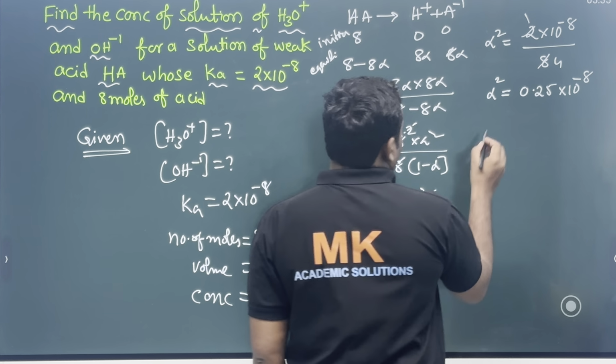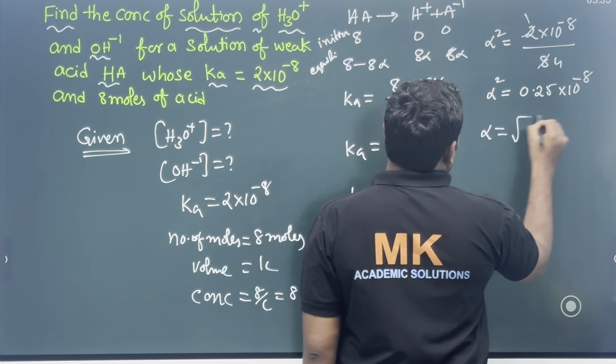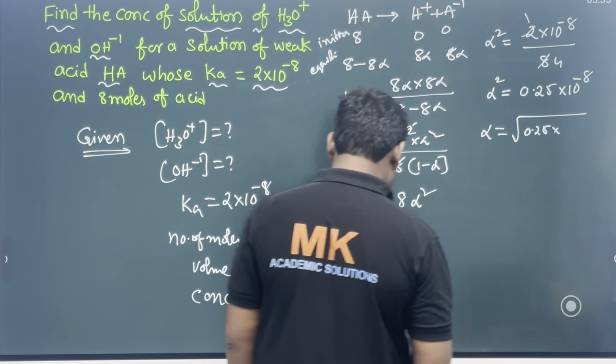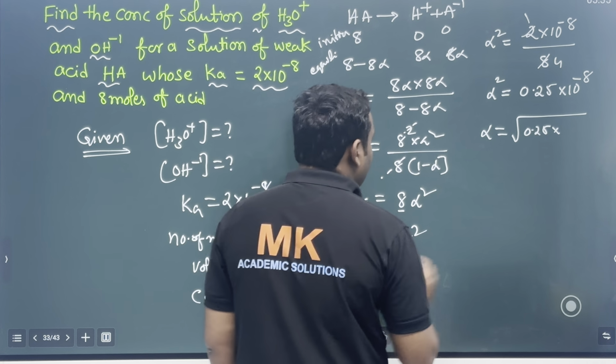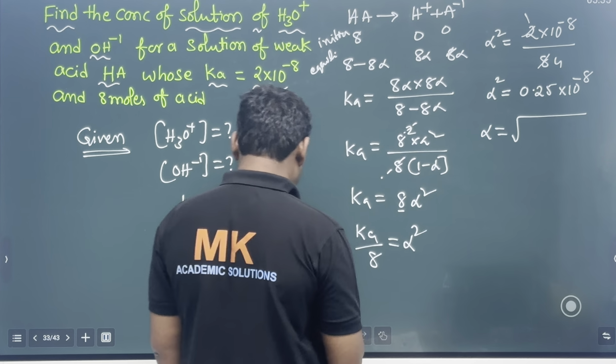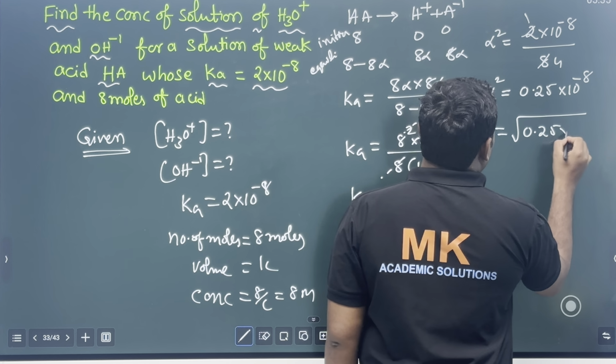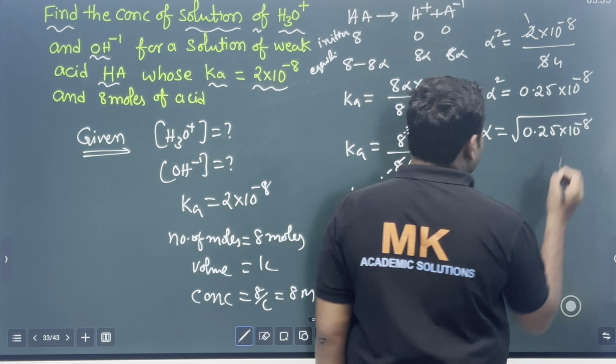Therefore alpha is equal to the square root of 0.25 into 10 to the power of minus 8.